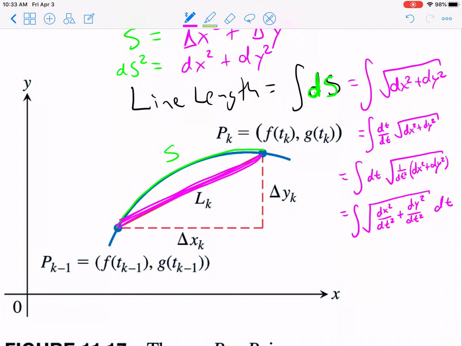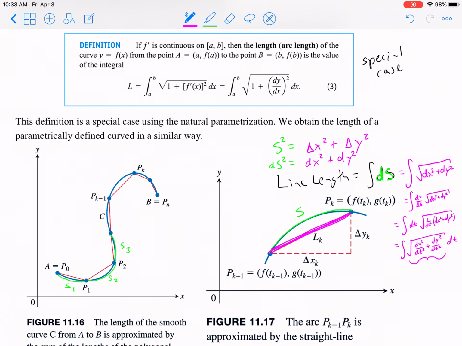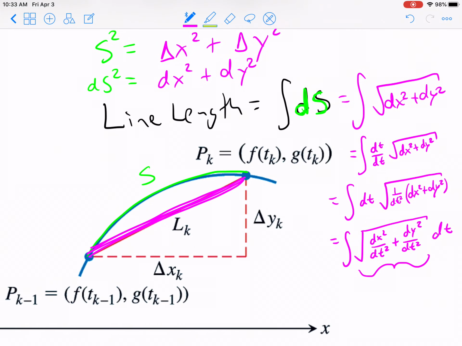Basically, this is the length of any individual tiny segment, in the limit that each of these lengths goes down to being infinitesimally small. And then I'm going to sum them all up, and that's through my steps dt.